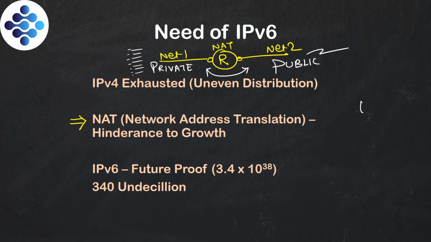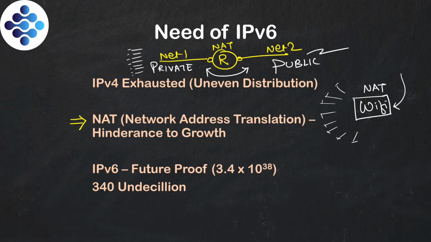This is exactly like the wireless router given by your service provider, and every member of the family is connecting their cell phones, iPads, laptops with that Wi-Fi connection, but actually there is just one internet connection. This is nothing but network address translation.